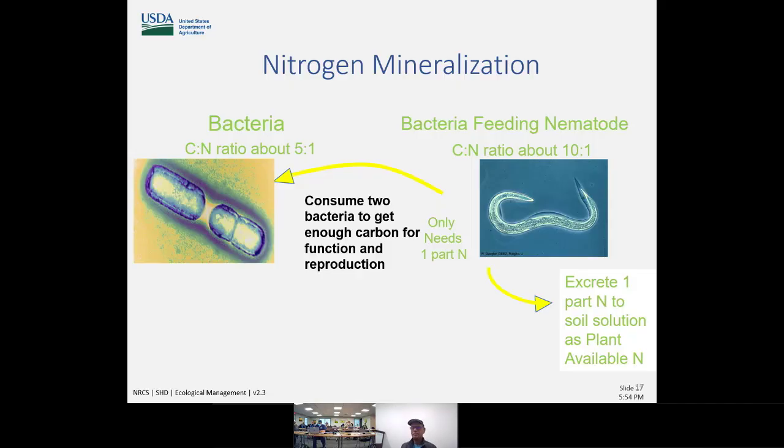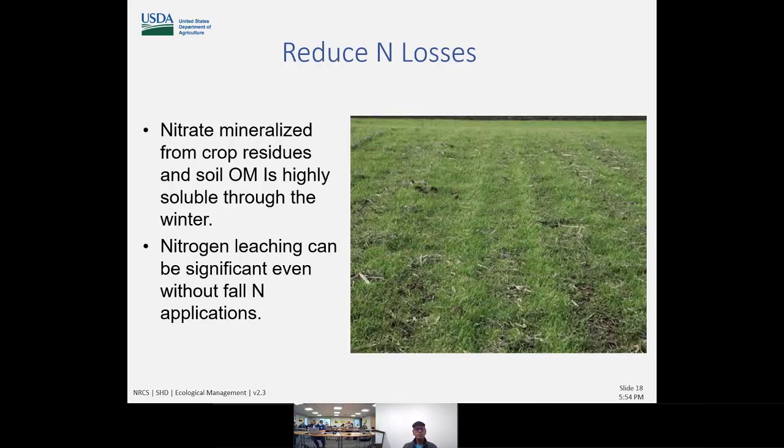So the plant can have some nutrients from the soil habitat activities, like bacteria and nematodes, as you can see here. Nitrogen mineralization from crop residue and soil organic matter is highly soluble through the winter.